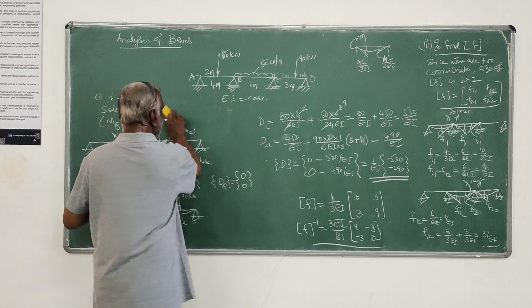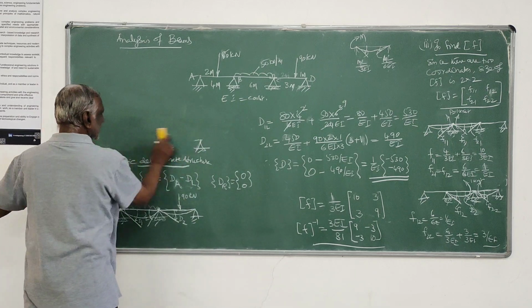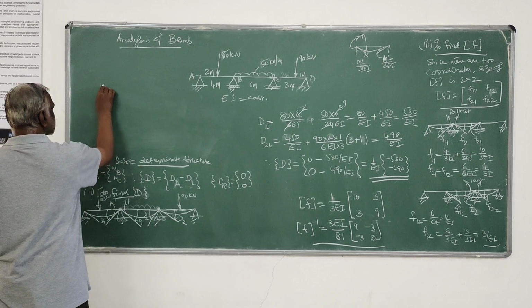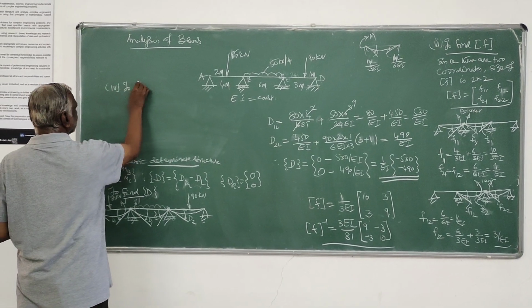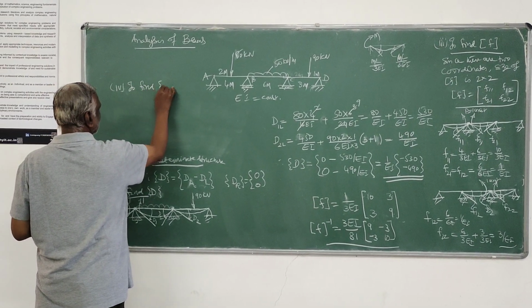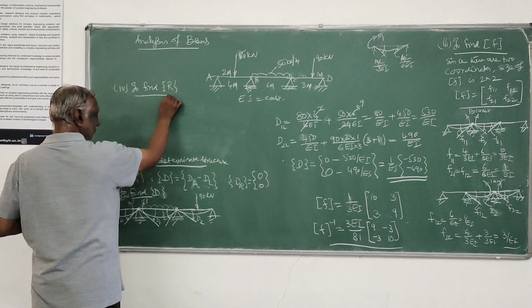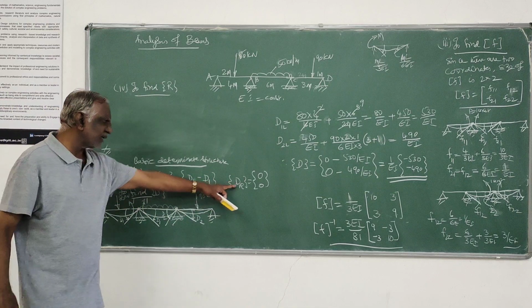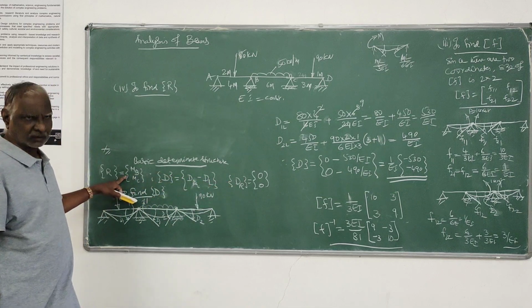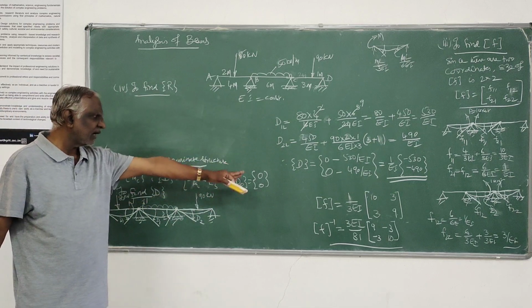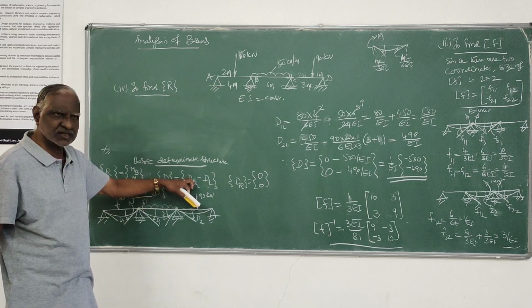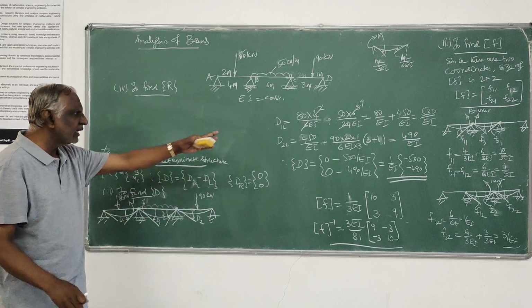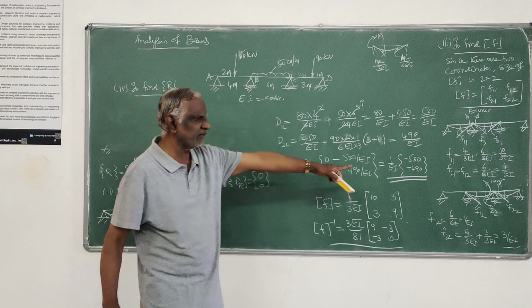Then the last step, we have to evaluate the redundant. That is the 4th step, to find R. So in the first step I told you, you have to evaluate DR and R. So DR I have already evaluated, DL also I have evaluated, D I have calculated straight away here.